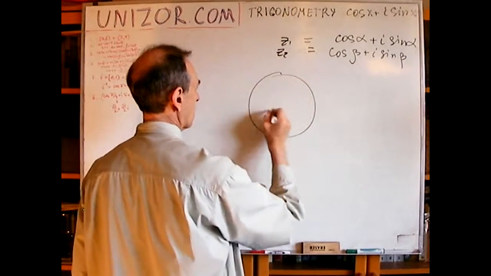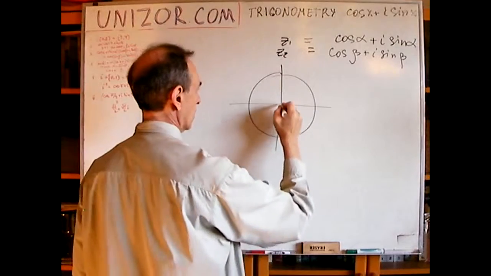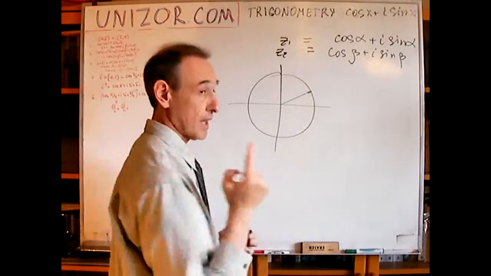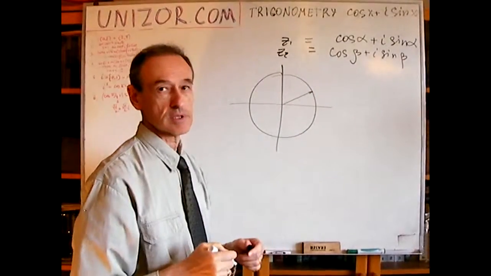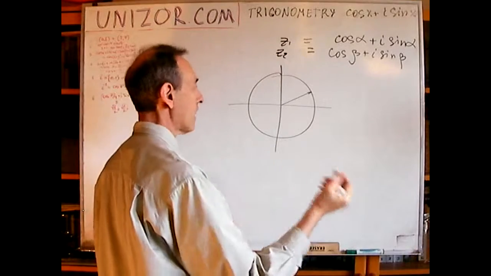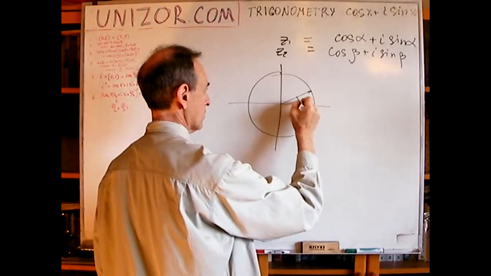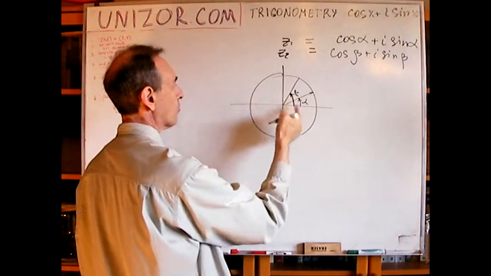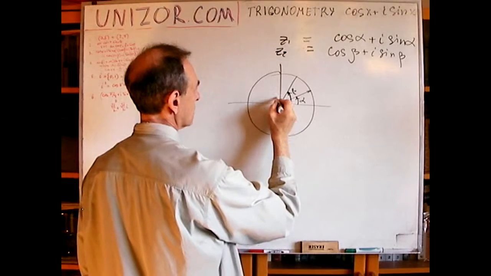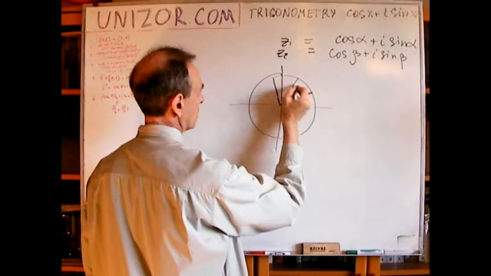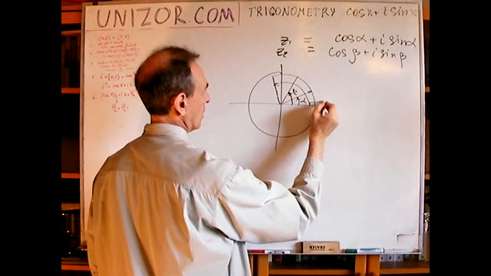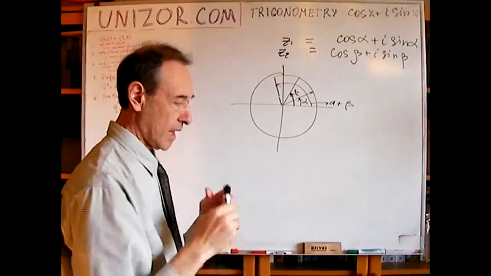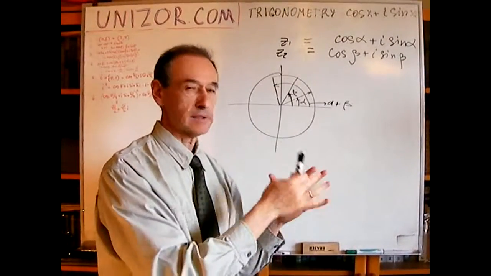Let's again consider the unit circle, and we have agreed that if I have a complex number, which is represented by a point on this unit circle, and this is angle alpha, and then I have another number, then their product would be something like this, which is alpha plus beta. So when I multiply, I add the angles.